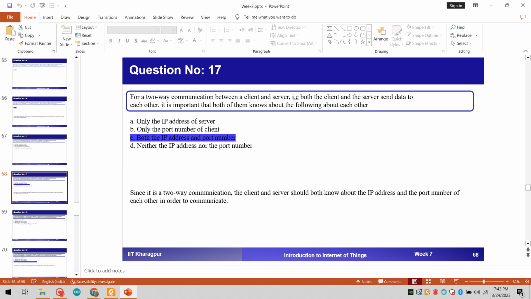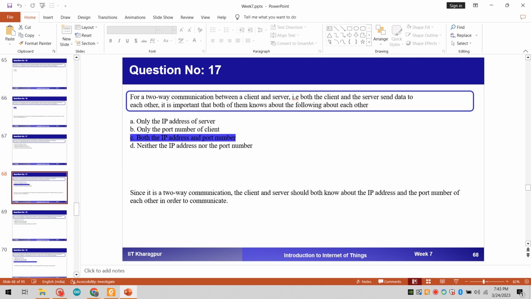So basically here the question is two-way communication between your client and server. So basically we have two devices, client and server, which are communicating with each other, right? Now in order to transmit the data, we want to transmit the data from the client to server and server to client. Now in between your client and server there are various routers, various switches, various gateways.